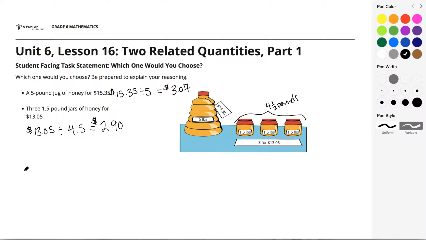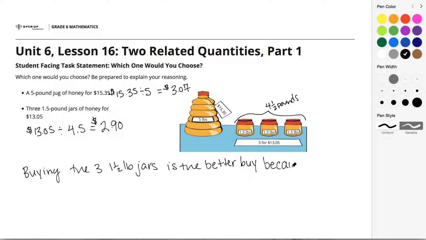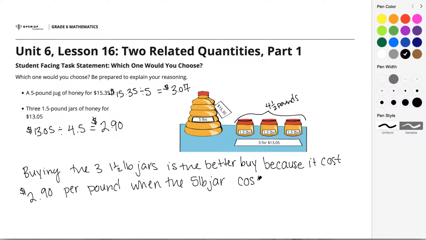So I can say buying the 3 1.5 pound jars is the better buy because it costs $2.90 per pound when the 5-pound jar costs $3.07 per pound.